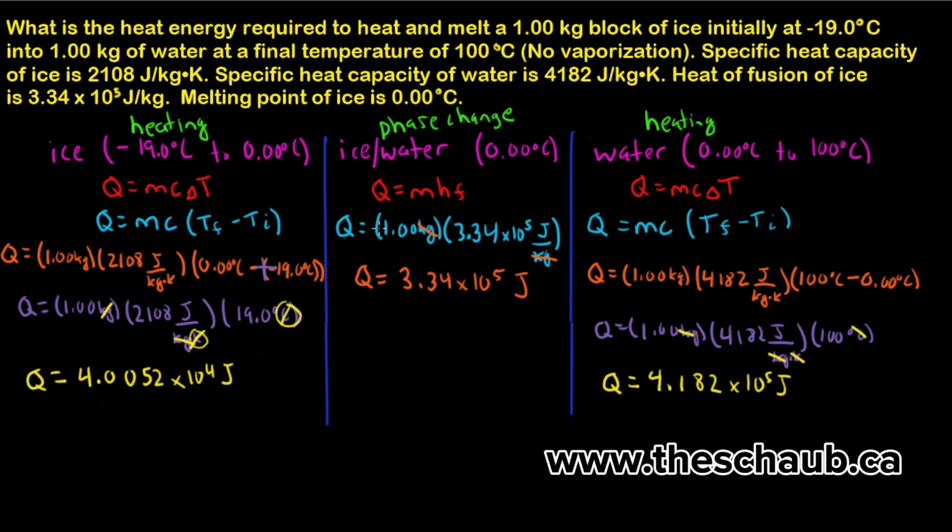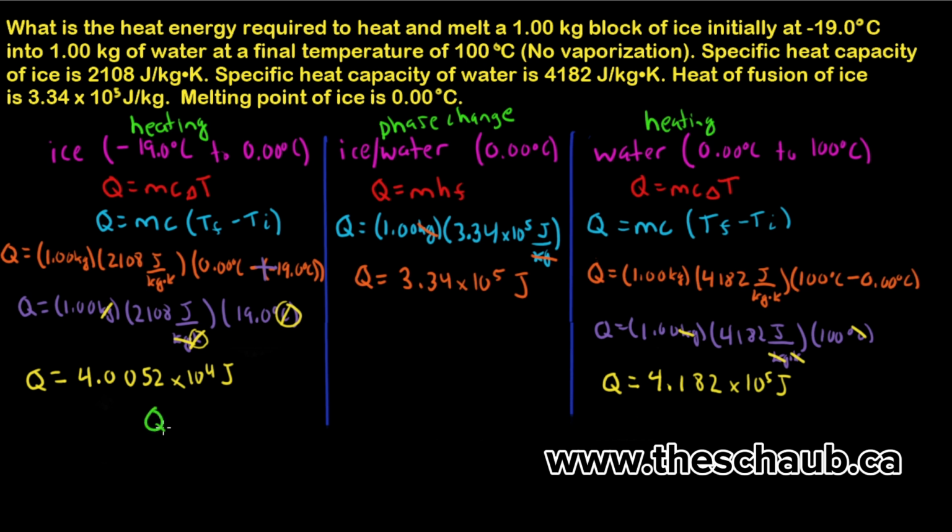And finally, to get the total amount of energy required to heat 1 kilogram of ice from negative 19 Celsius to 0 degrees Celsius, then to change the ice into water, and then to heat the water from 0 degrees Celsius to 100 degrees Celsius, we just have to sum our 3 energies.